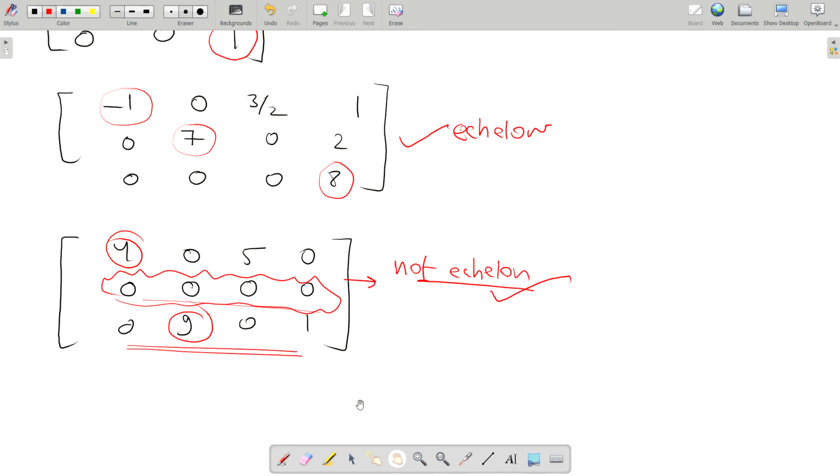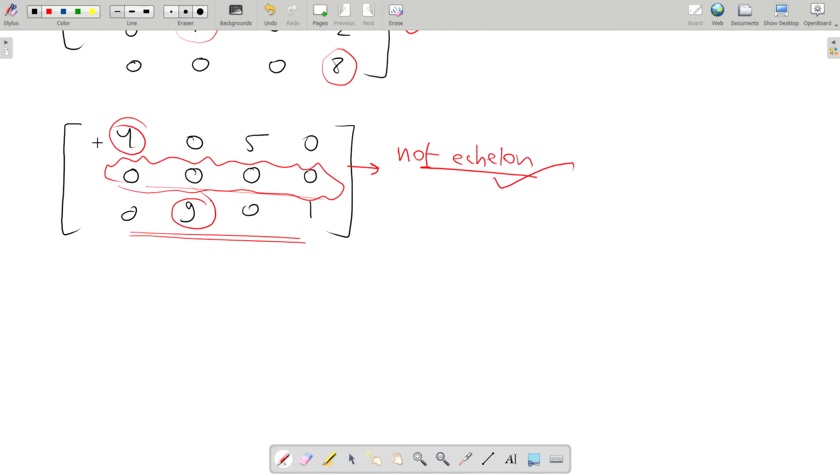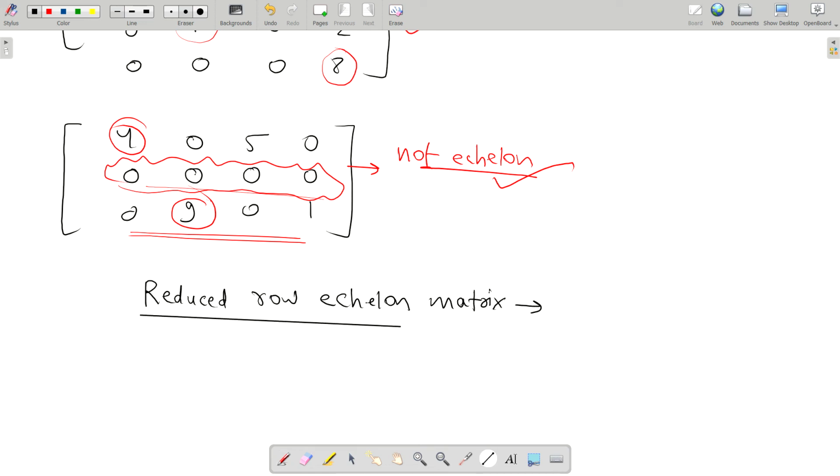So you might have got an idea of what an echelon matrix is. Let me come to another kind of matrix which is related to echelon. It is called a reduced row echelon matrix. Now this is important. A reduced row echelon matrix is also a type of echelon matrix.